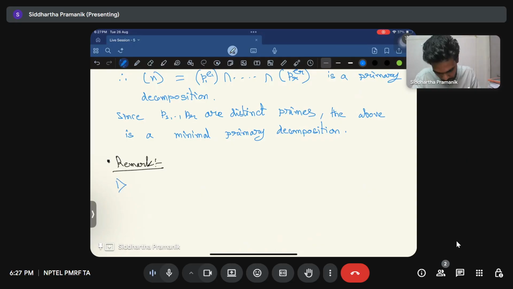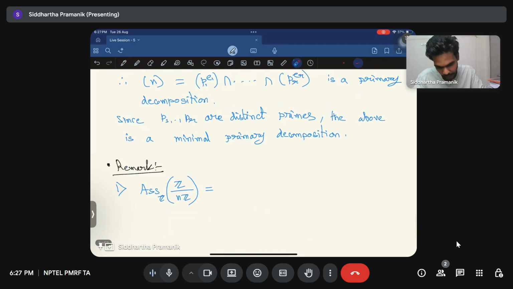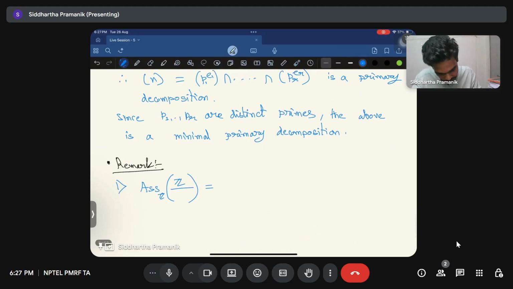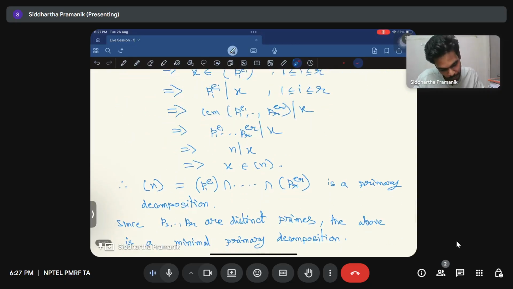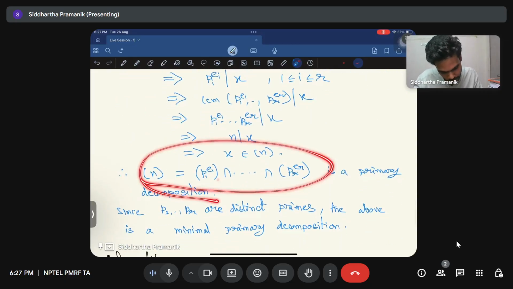So the first remark is, if we take the ring Z and the ideal NZ, then its associated primes. NZ means the ideal generated by N, and we know its primary decomposition looks like this. These are the primary components, and the radical of these primary components gives the associated primes, and the radical of this is the ideal generated by P1.